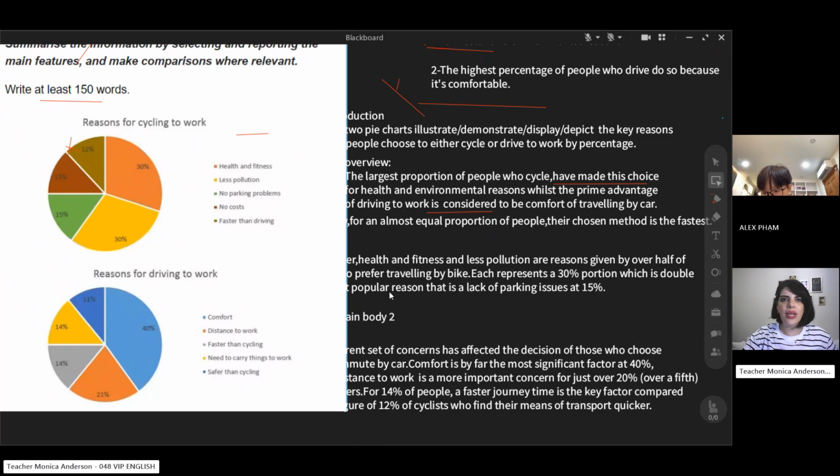Let me check what I sent. Maybe we can discuss one of them. Okay, just one moment. Ah, okay, we have a line graph, a bar chart, and a table.